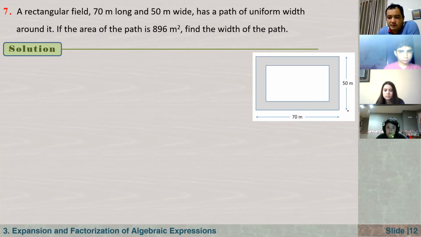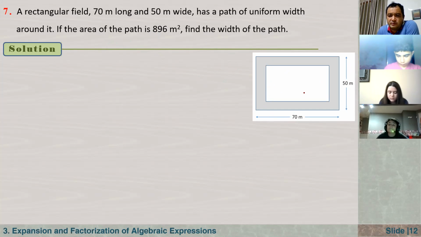And its length is 70 meters and its width is 50 meters. That's a piece of land, and maybe you're going to make some kind of pool, maybe a swimming pool, or a flower garden, something. Anyway, if the area of the path is 896 square meters, find the width of the path.